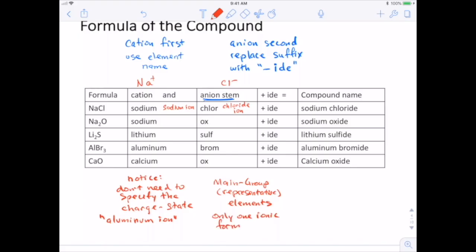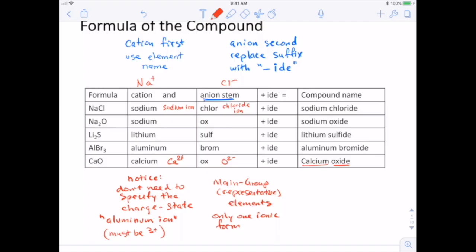So if it's the aluminum ion, it's only +3 or 3+. If it's the sodium ion, it must be 1+. If it's a calcium ion, it must be 2+. If it's an oxygen ion, it must be 2-. But the name would then be calcium oxide, as the example keeps going.